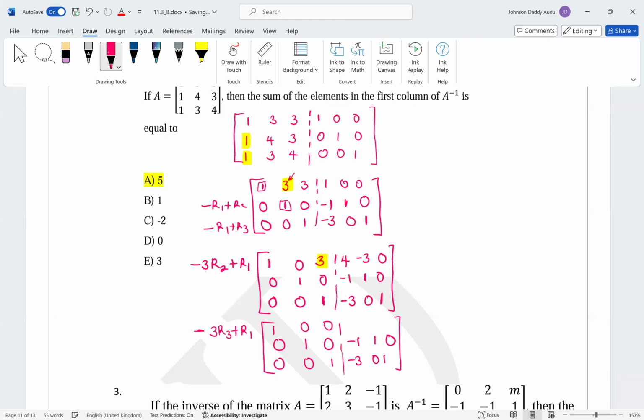So minus 3R3. So you have minus 3 times 3. Minus 3 times minus 3 is 9. 9 plus 4 is 13. Hope this is correct.